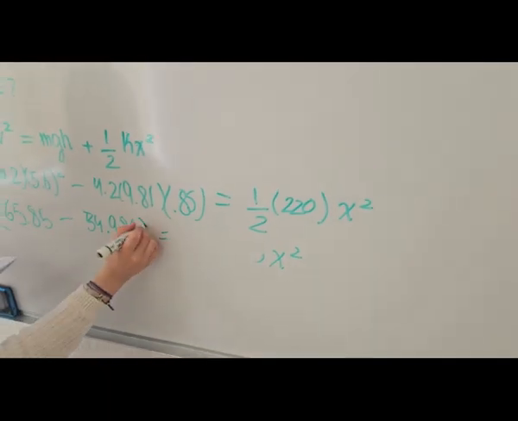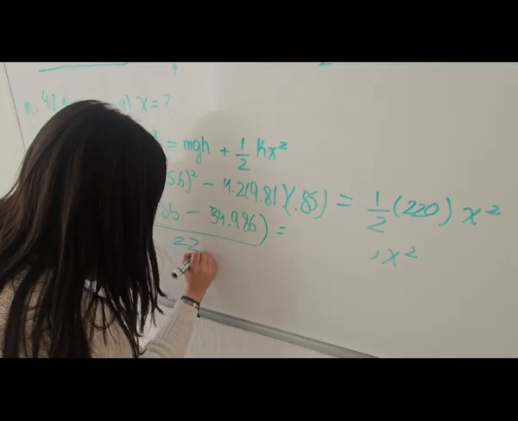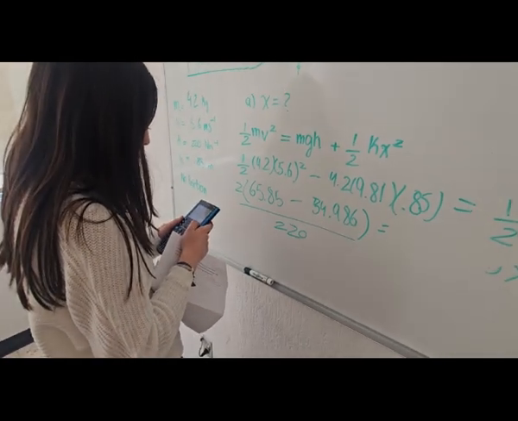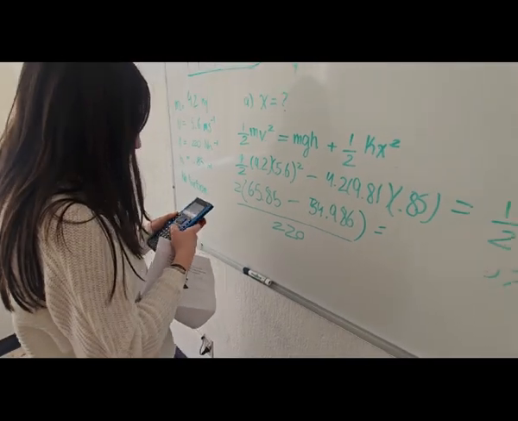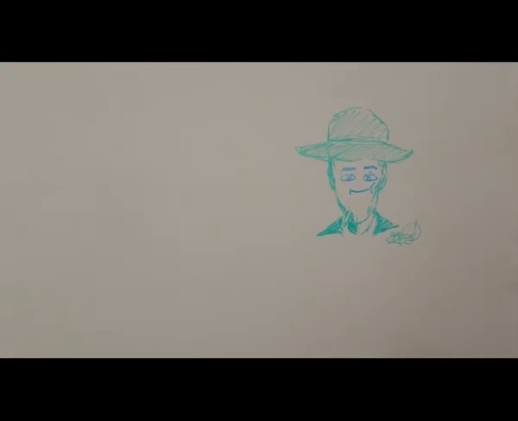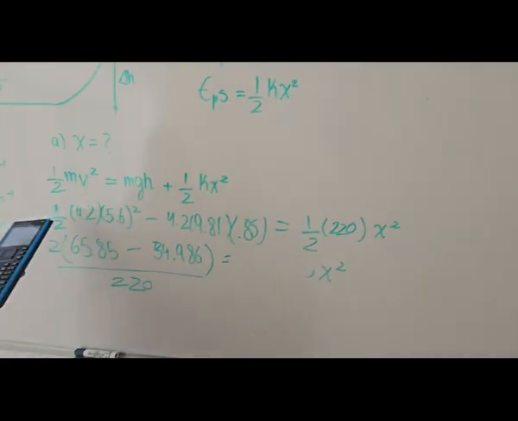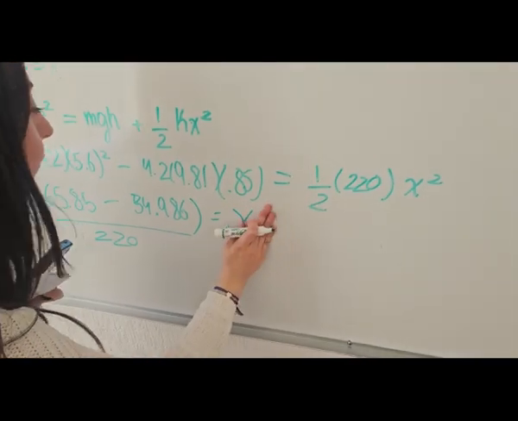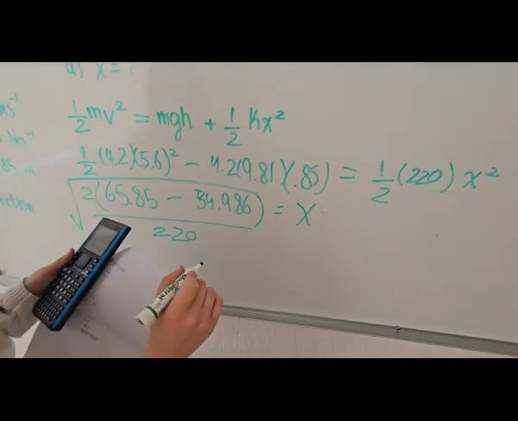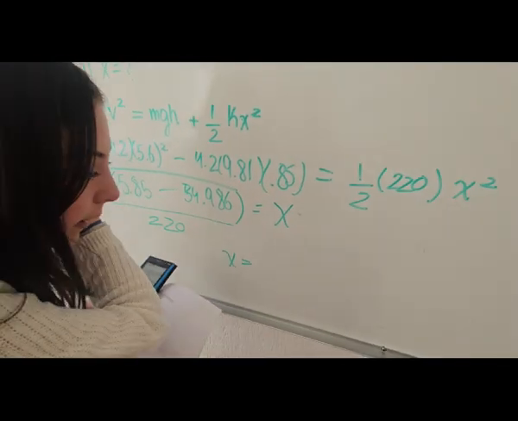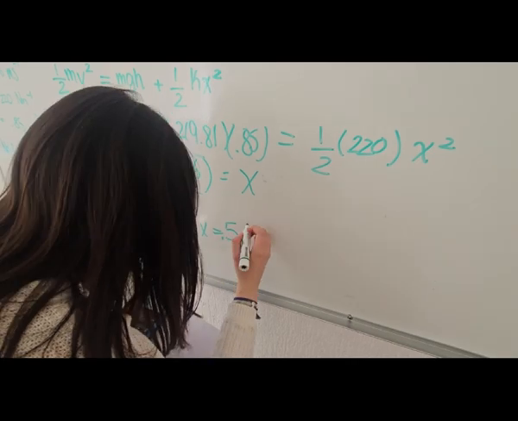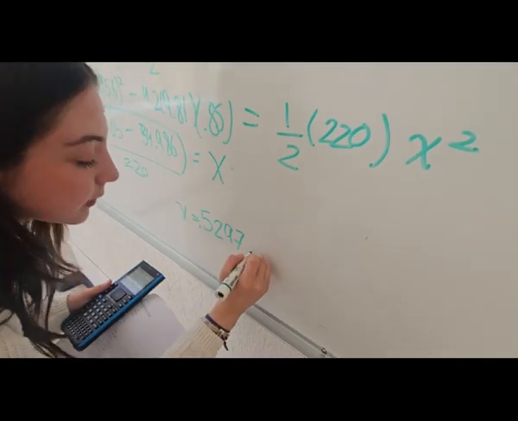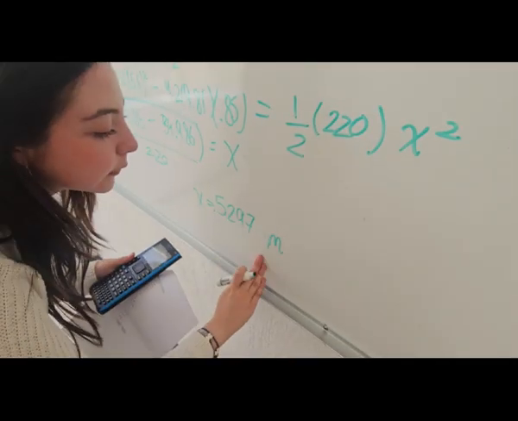We're going to do this times 1020, and after getting this, we just have to take the square root, which will get us 0.5297 meters.